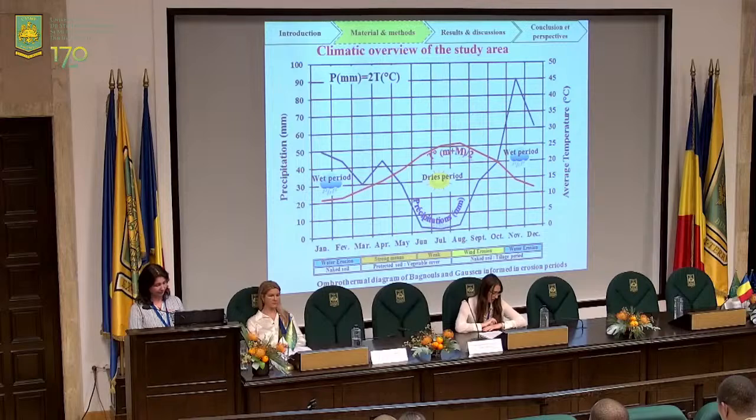So the study area is characterized by a Mediterranean semi-arid bioclimate with 2 seasons, a rainy season in the winter and a dry season in the summer, belonging to the Csa class, hot summer Mediterranean climate, according to Köppen.